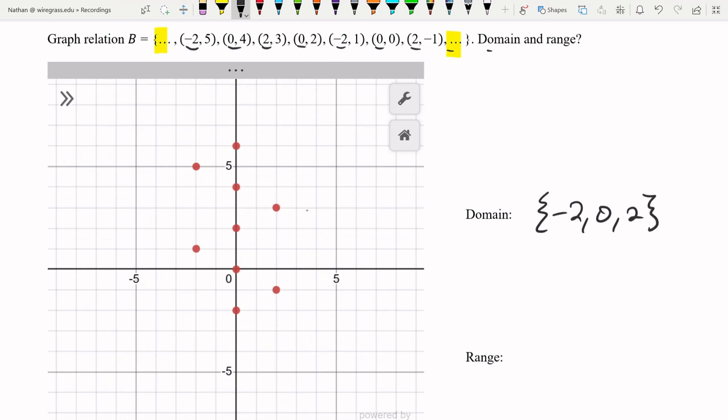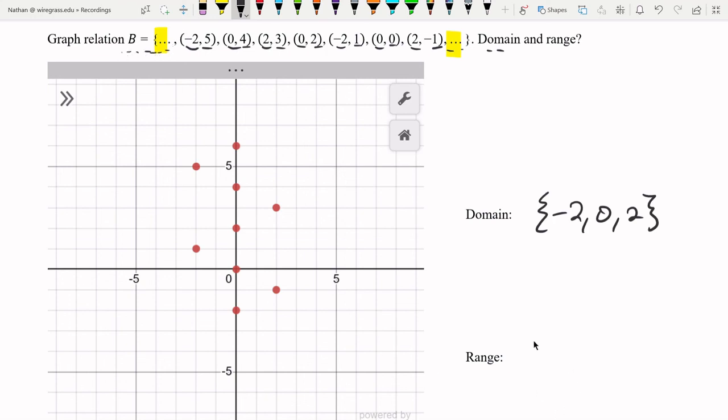The range, well, if we look again at these numbers, we have 5, 4, 3, 2, 1, 0, -1, -2, -3, -4, -5, -6, -7. And going the other way, we have 0, 1, 2, 3, 4, 5, 6, 7, 8, 9, 10, 11, 12.